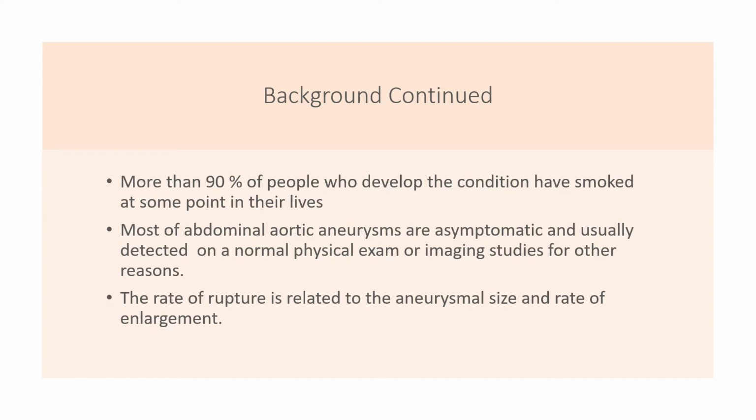Background continued. More than 90% of people who develop the condition have smoked at some point in their lives. Most abdominal aortic aneurysms are asymptomatic, usually detected on a normal physical exam or imaging studies for other reasons. The rate of rupture is related to the aneurysmal size and rate of enlargement.